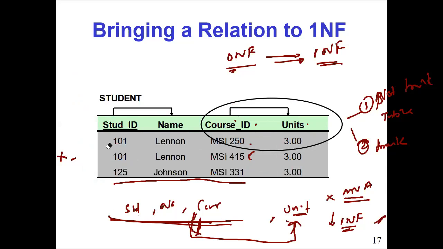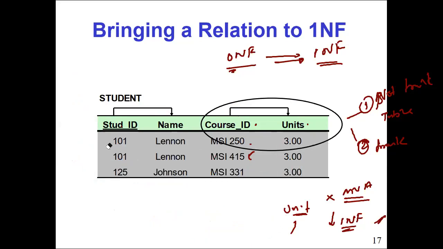Now this is the point: for 101 Lennon, the course ID is not depending on the primary key. So definitely the problem starts here, with course ID, because units depends on course ID.